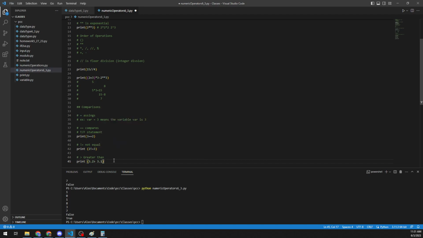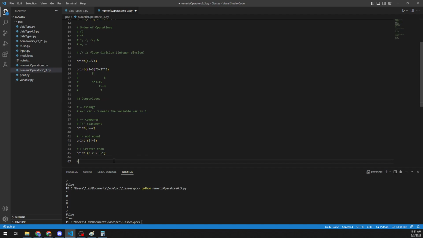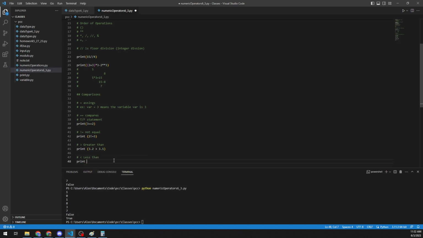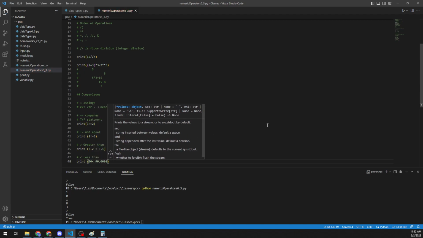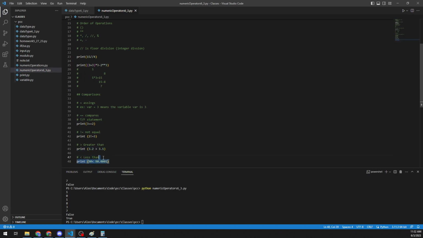Greater than: 3.2 is greater than 3.1. Those two should be true as well, right? True, true. And there's also greater than or equal to and less than or equal to.